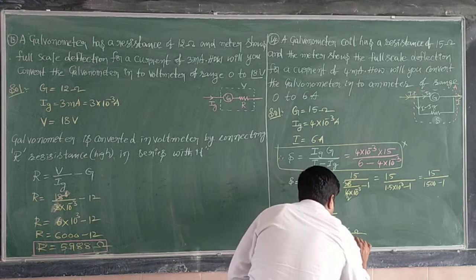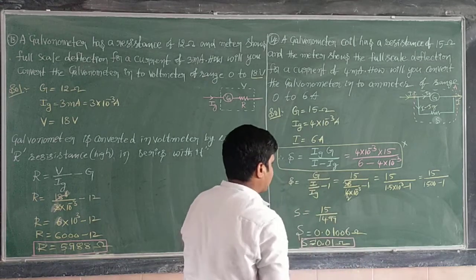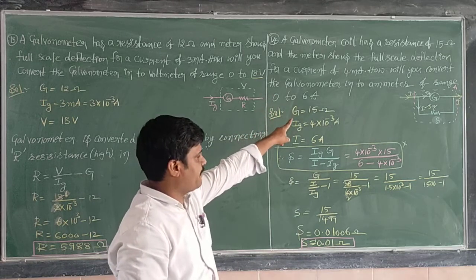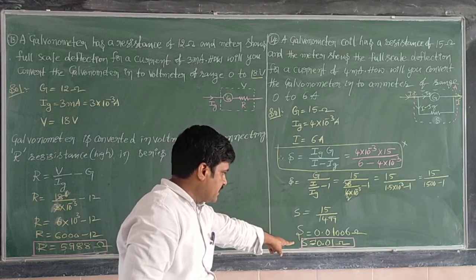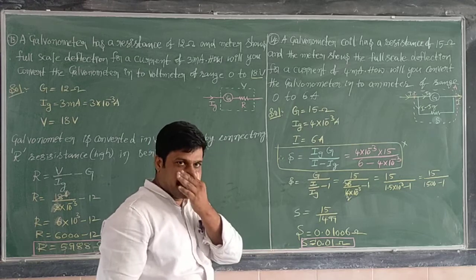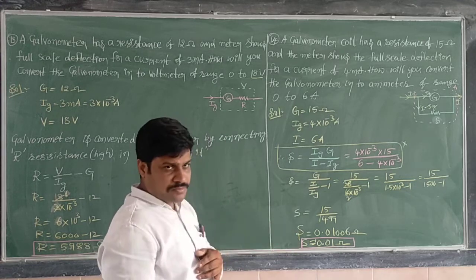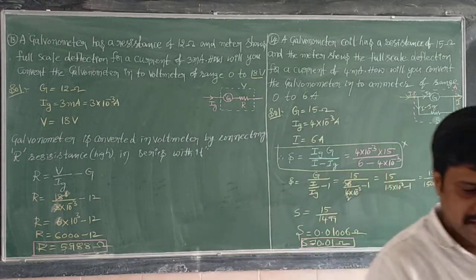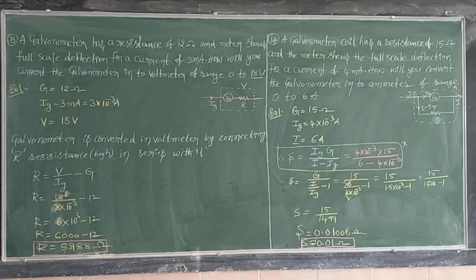See, the given galvanometer is converted into an ammeter with a range of 0 to 6 ampere by connecting S equal to 0.01 ohms in parallel with the galvanometer. You write the sentence like this, I didn't write it here, you write it.